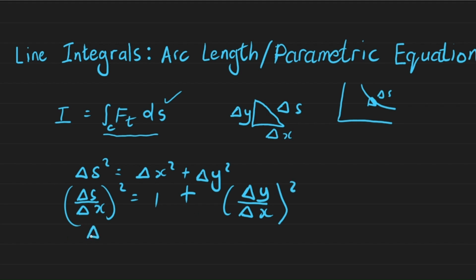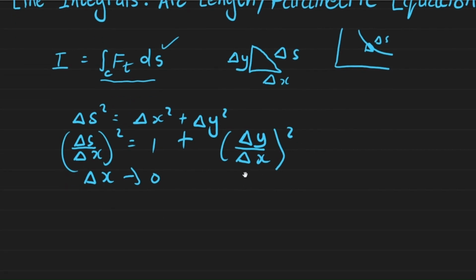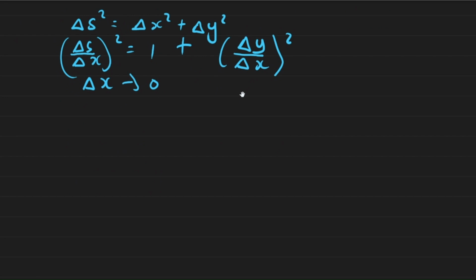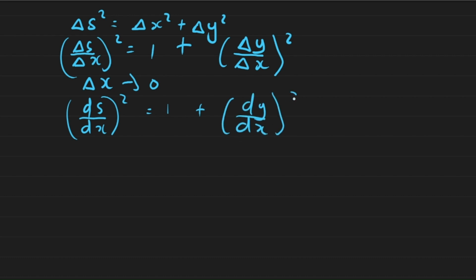So if we let delta x approach 0, then the deltas become d. Delta s over delta x becomes ds/dx. So we get (ds/dx) squared equal to 1 plus (dy/dx) squared.